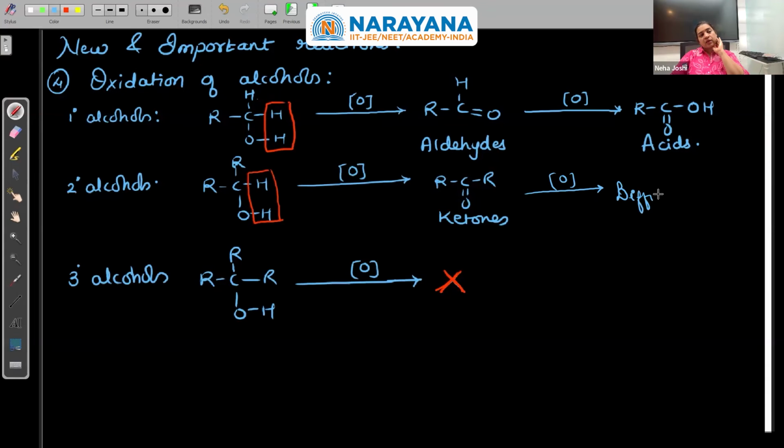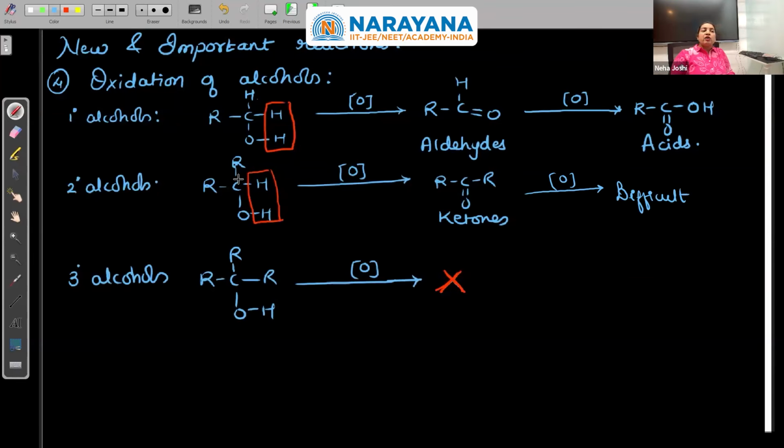Okay, it is possible, but extremely difficult because a carbon-carbon bond is to be broken, and a carbon-carbon bond is not that easy to break. So only under vigorous conditions or with a strong oxidizing agent can you have breakage of this bond.